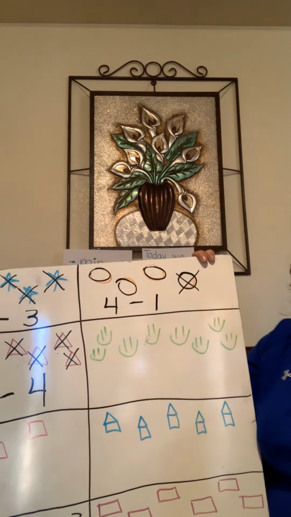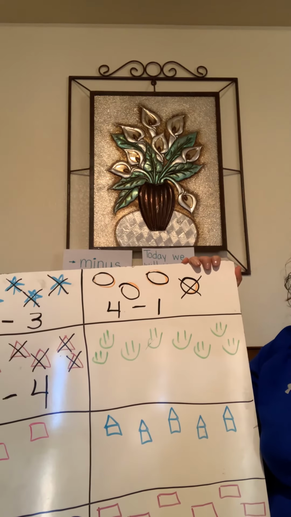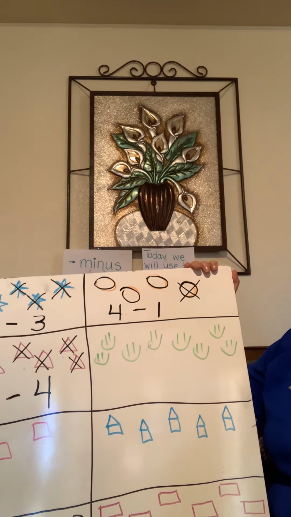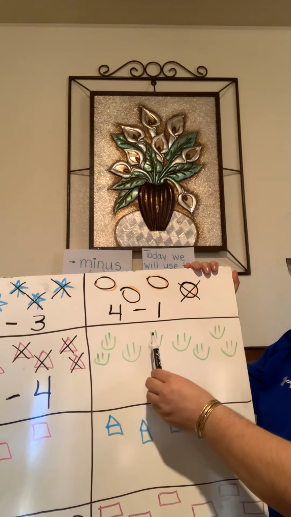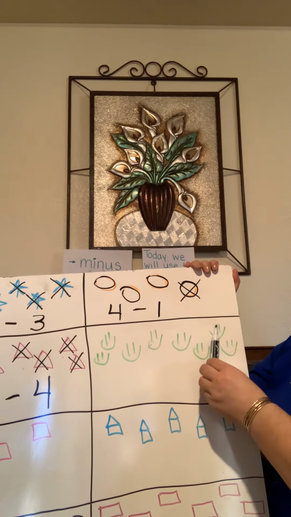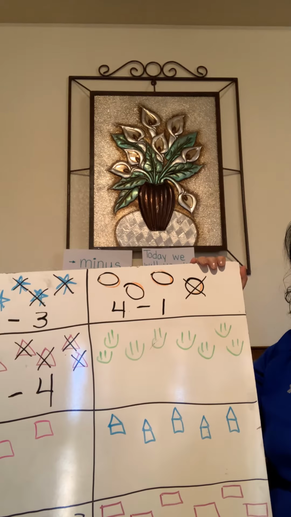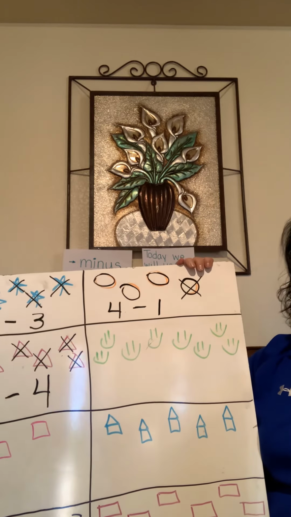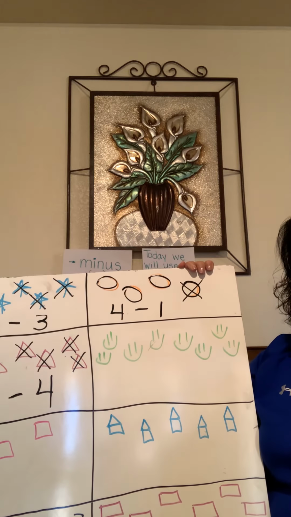Very good. Let's go on to our happy faces. So here we go. We have 1, 2, 3, 4, 5, 6, 7, 8. We have 8 happy faces. 5 happy faces were erased.